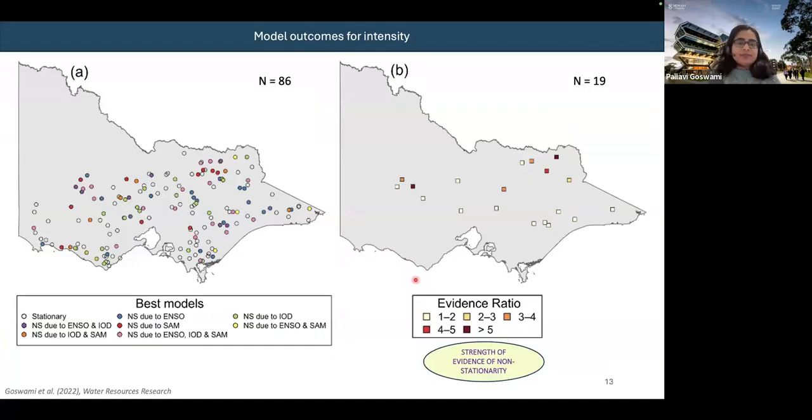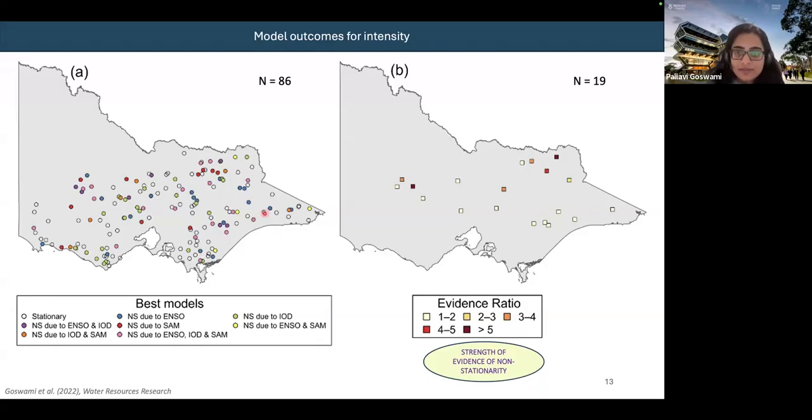So here are the results from the different models that we've developed. The figure on the left shows all the catchments which are non-stationary and the catchments which are stationary. The ones that are hollow, which do not have a color, are the catchments where the stationary model performs better than the non-stationary model. The figure on the right shows the evidence ratio.